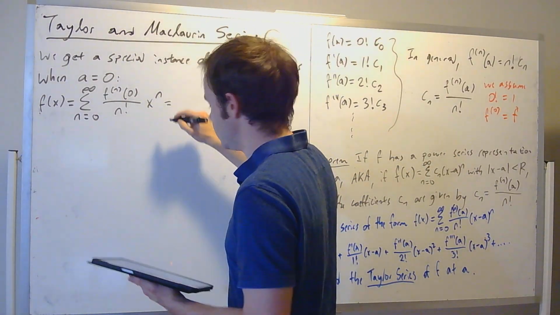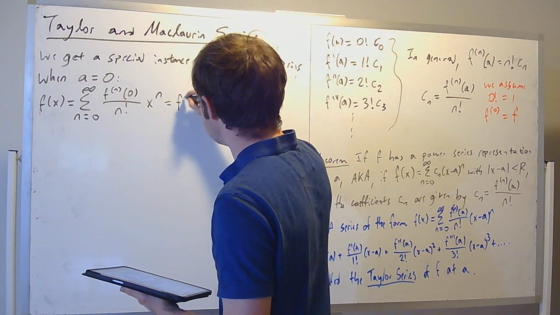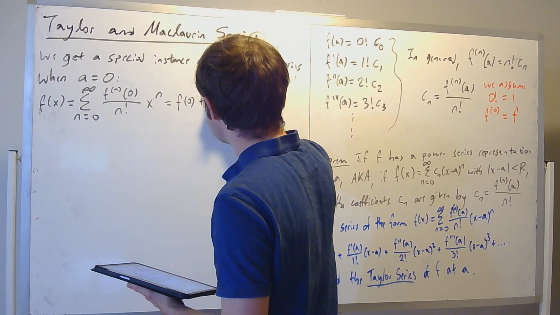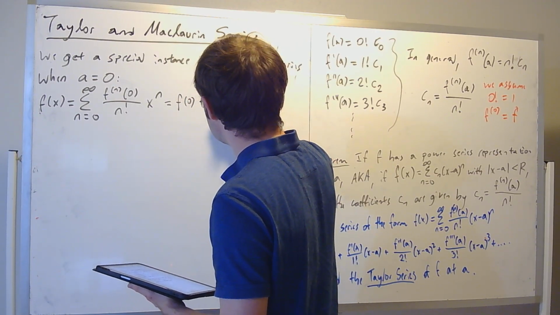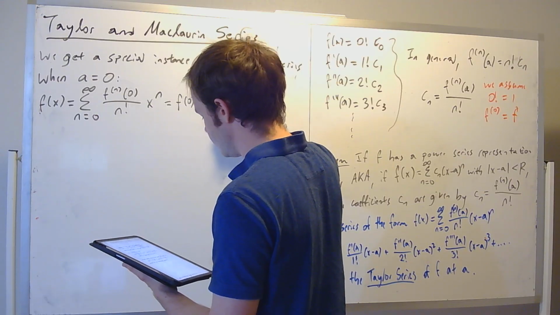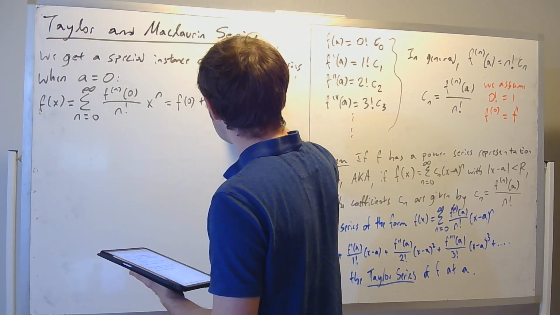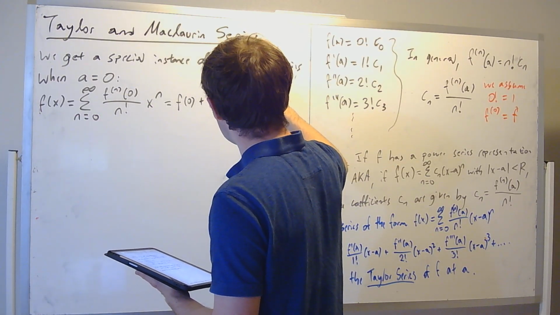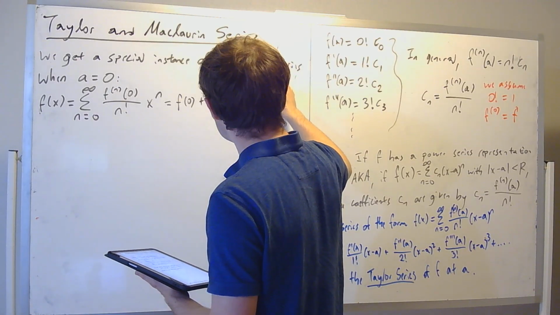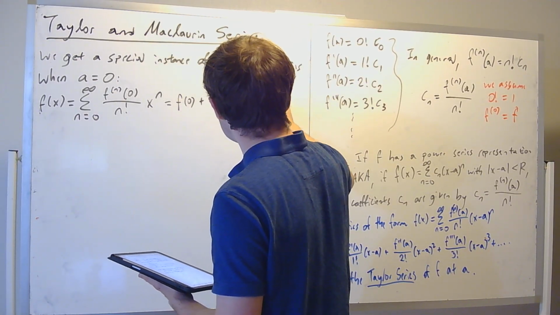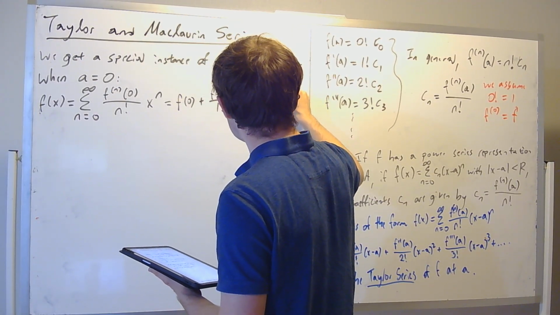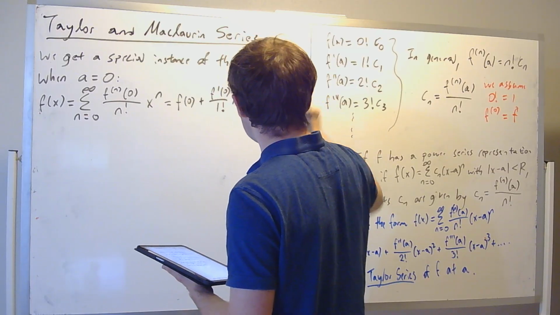So if we just expand this one, then we're going to have f of 0 plus f prime of 0 over 1 factorial times x plus f double prime of 0 over 2 factorial times x squared, and so on.